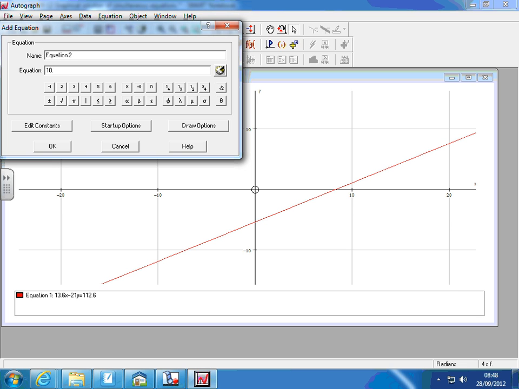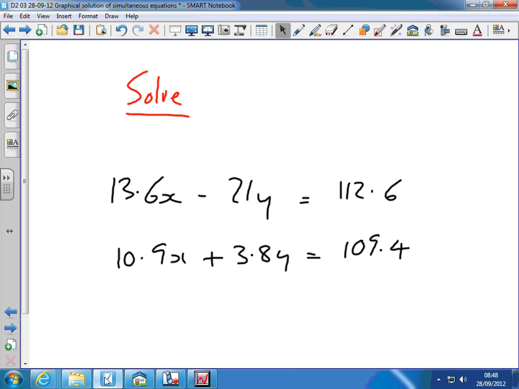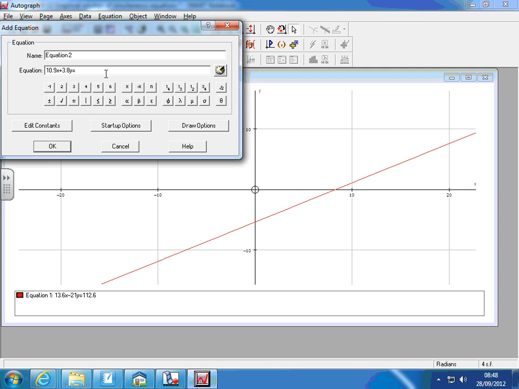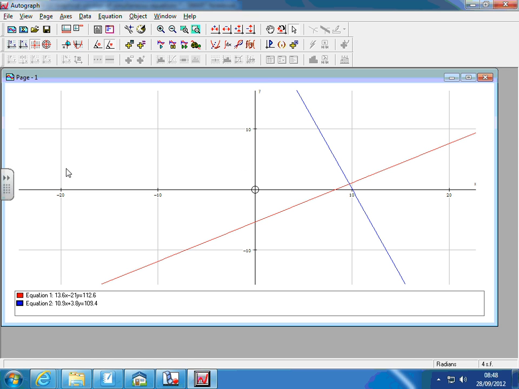Was it 10.9x plus 3.8y equals 109.4? Okay, and there we go.